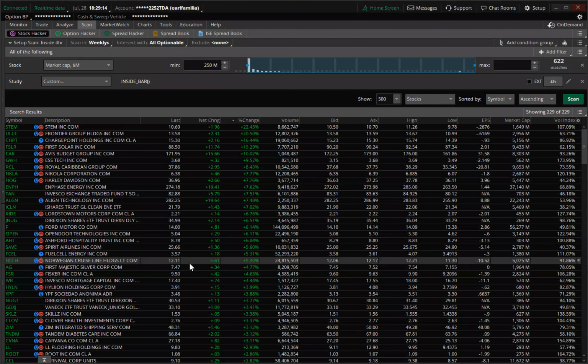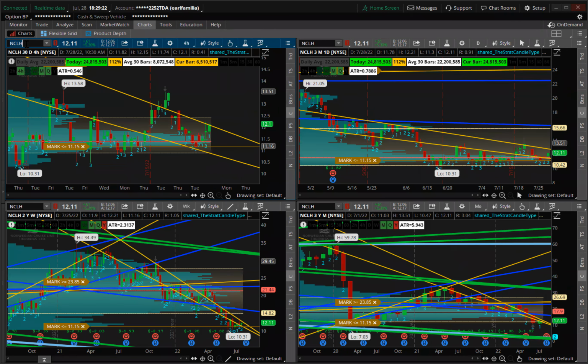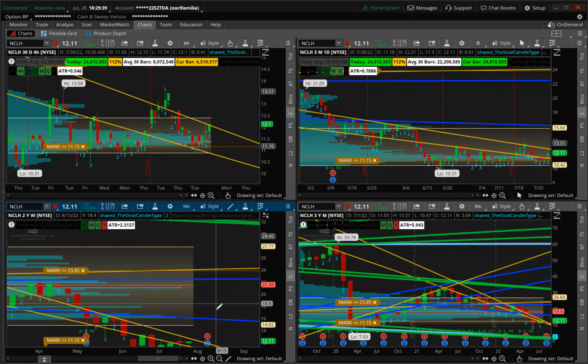Keep your eye on NCLH. Man, that thing. Whew. I just want to take a look at the chart real quick. That thing been dropping, dropping, dropping. But look at the continuity though. That's so interesting, because this week the continuity has been sitting green, but we got a 2-down week currently.